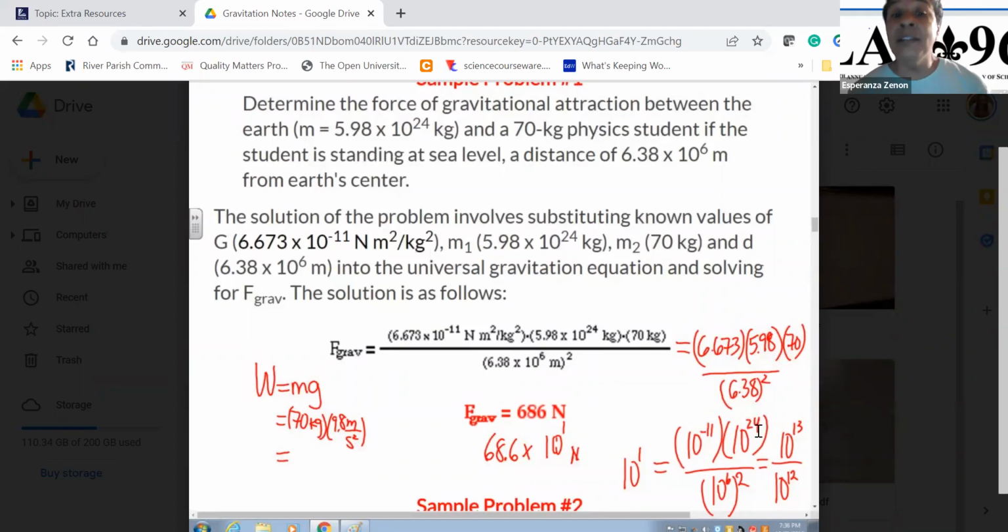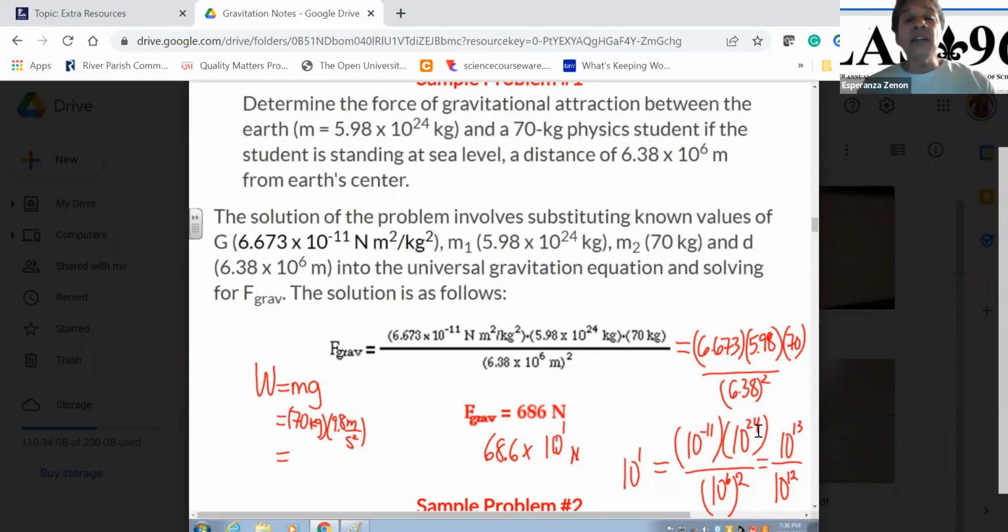Not big G, little g. So you see on the far left, I've done W equals mg. So I take 70 kilograms times 9.8 meters per second squared. And when I multiply that out, I get 686 newtons. If I multiply 70 times 9.8, I get 68.6, okay? No, sorry, I get 686. I need more coffee, sorry.